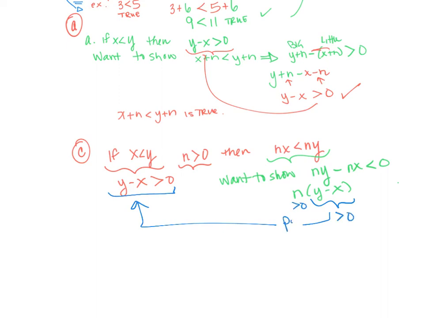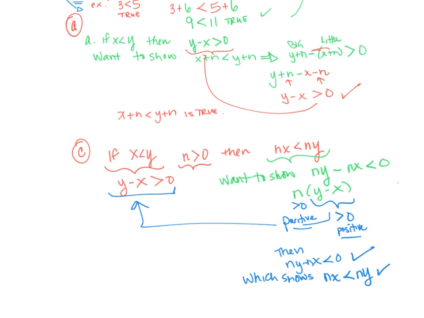So that means we have a positive number n, and we have a positive number here, and we've already learned that if you have two positive numbers being multiplied, that will be positive. So then we know that ny minus nx will be greater than 0. And that shows that nx is less than ny. And you can do this again similarly for part B and D.